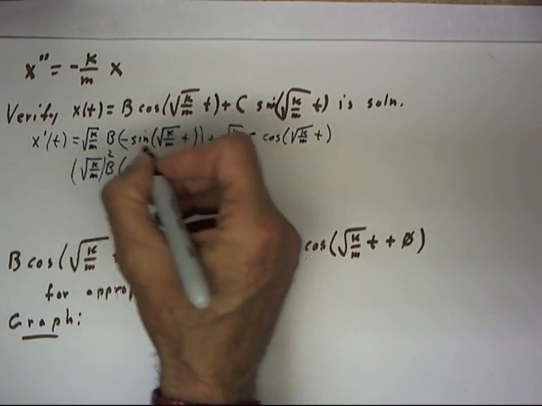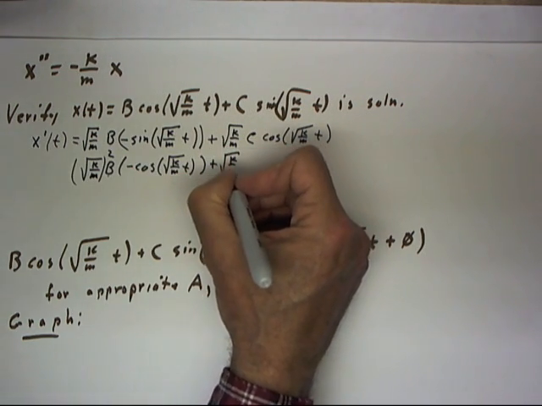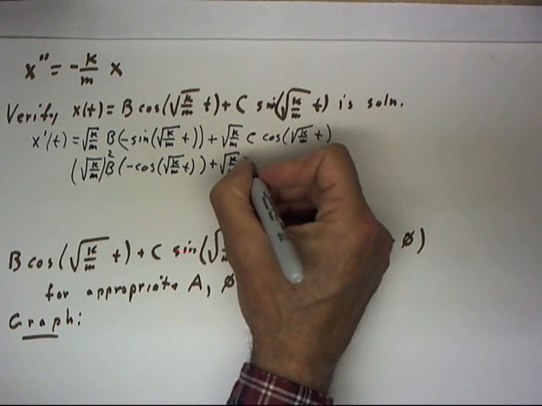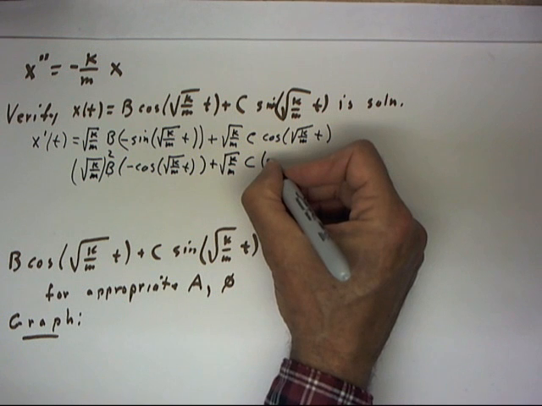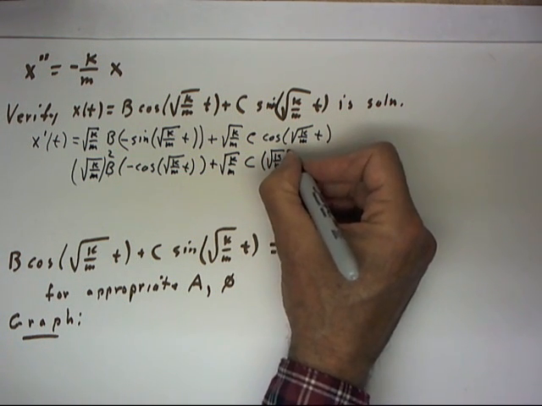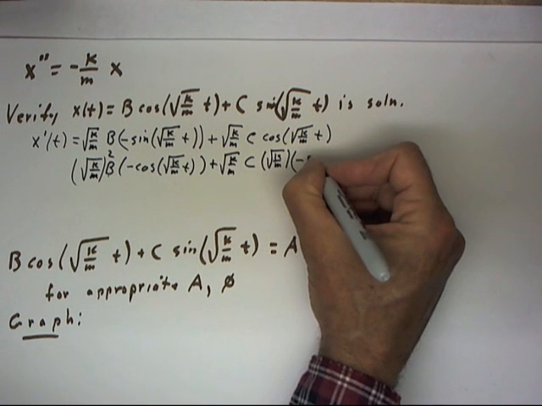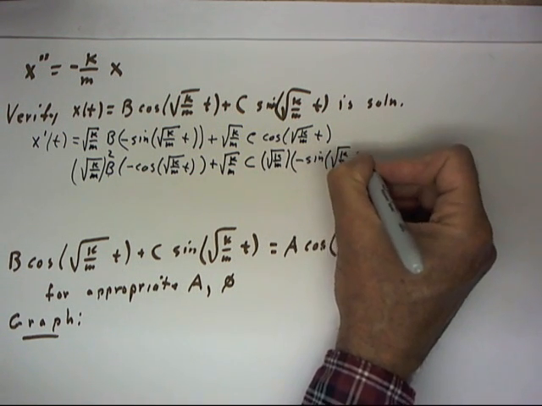So rather than putting it out front, let's just be really explicit when we do this. We have the square root of k over m times c times square root of k over m times negative sine of square root of k over m t.